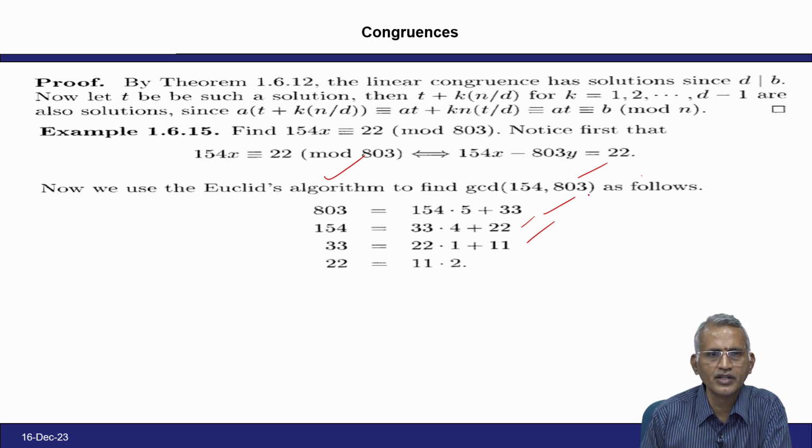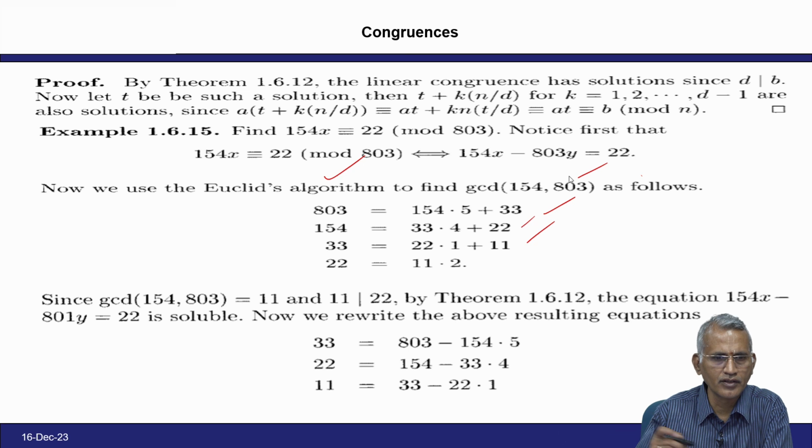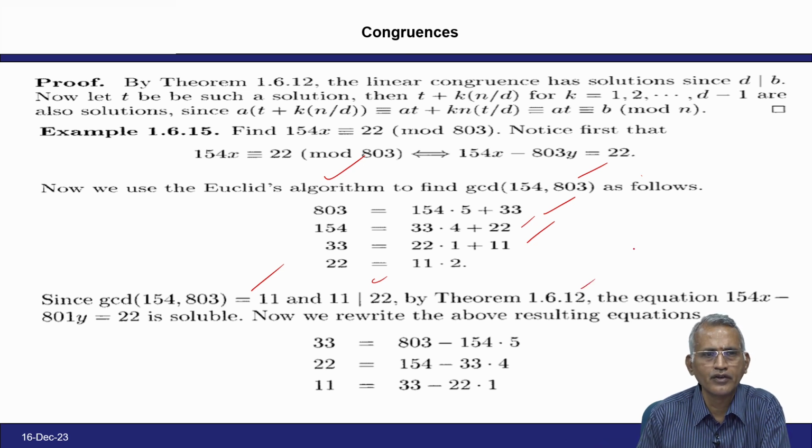Therefore, the GCD of these two numbers is equal to 11. Keep it in mind, this is the greatest common divisor of the two numbers, so that the problem is solvable. The GCD of 154 and 803 equals 11, and 11 divides 22. Therefore, according to theorem 1.6.12, the equation 154x minus 803y equal to 22 is solvable.